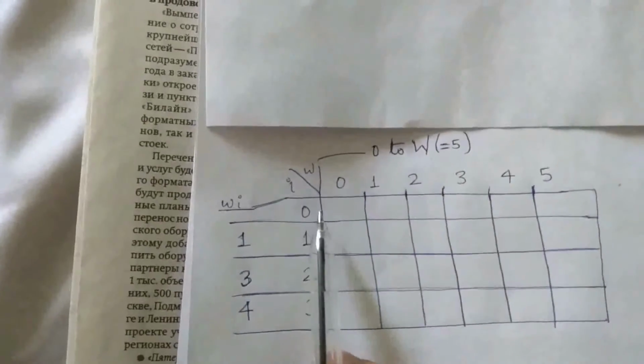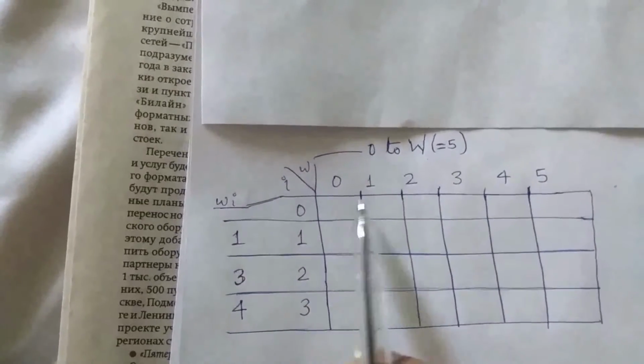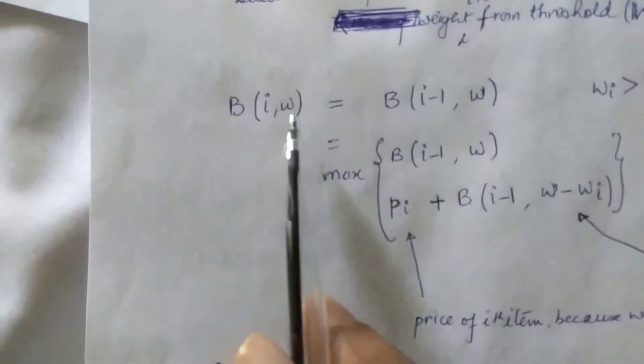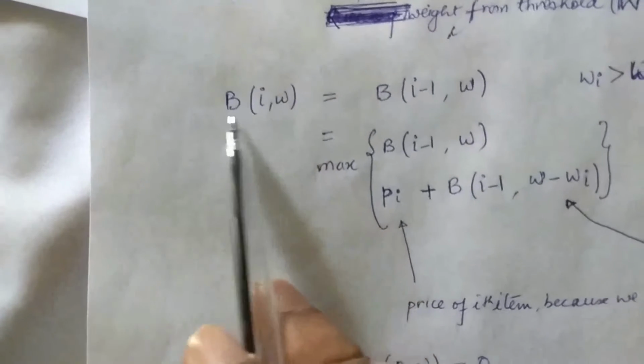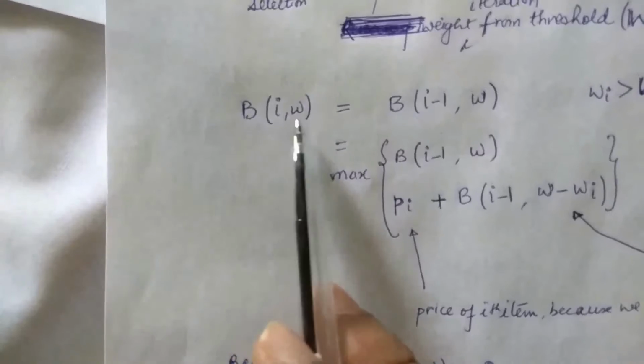So we will make a table of 2 dimensions where each column is represented by this W. If you remember, we have B of i comma W, right? This benefit has 2 parameters, the i-th item and W.